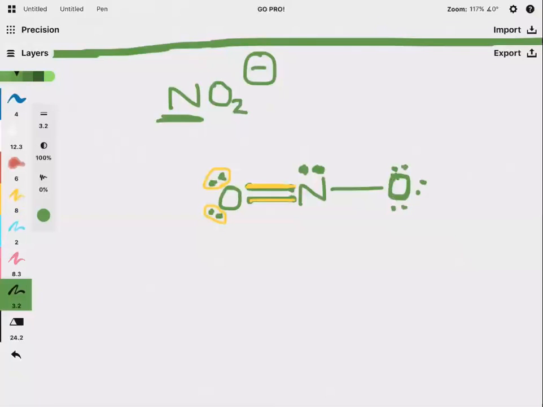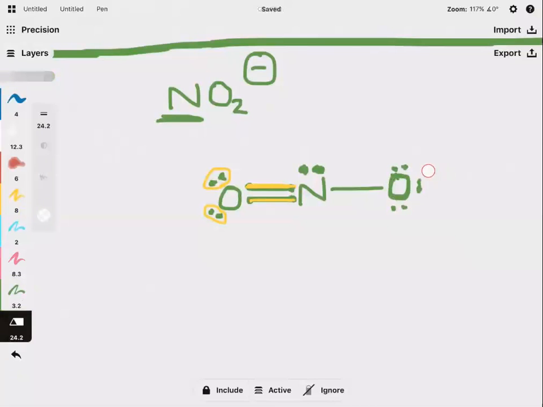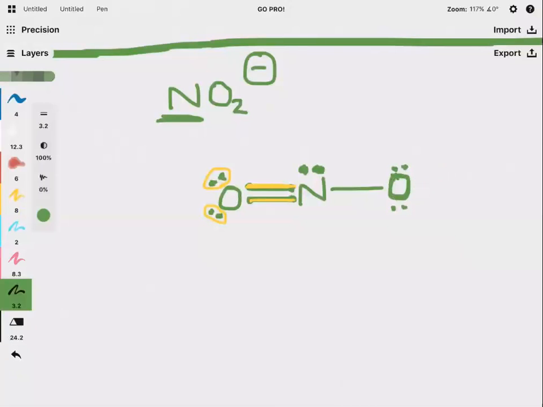Then we're going to fulfill its octet rule, because the electrons around it are 2 right there, 4, 6, 8. So the octet rule for all 3 of our atoms has been fulfilled. So we're in good shape.